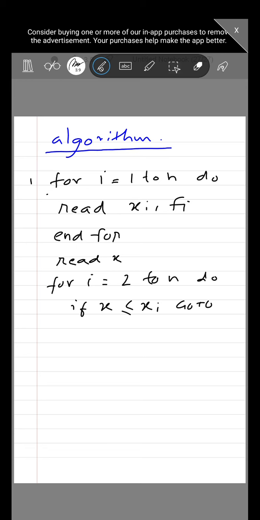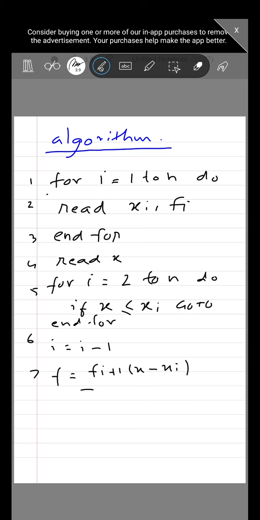If you number the steps 1, 2, 3, 4, 5, then end for, and in the sixth step, i is equal to i minus 1, then in step 7, f is equal to f(i+1) into (x minus xi) minus fi (x minus x(i+1)), divided by x(i+1) minus xi.